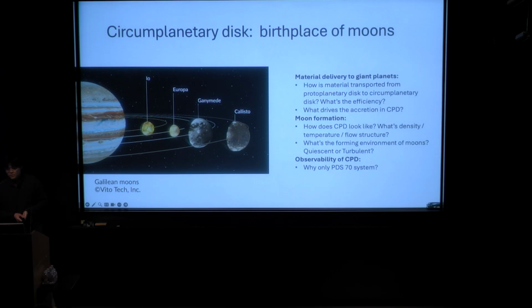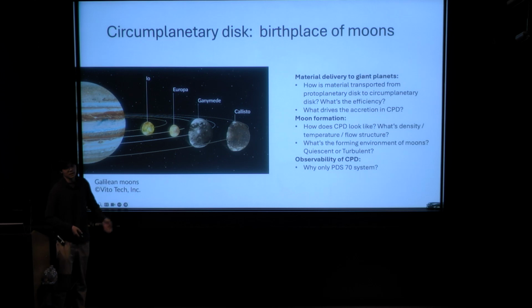Also, circumplanetary disks are promising sites for satellite formation. For example, in our solar system, Jupiter has 4 moons, the Galilean moons, and you can see they are in an almost coplanar configuration.